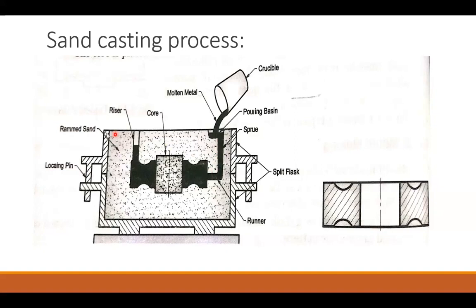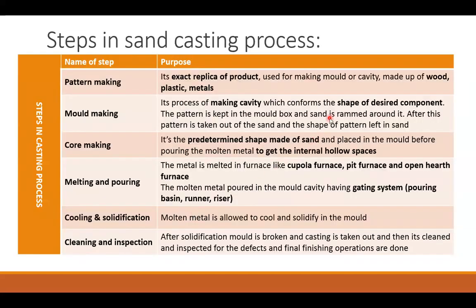So to make this, first of all we need to keep this pattern, which is an exact replica of the finished product, into this box, and around it we have to ram the sand. After this, the pattern is taken out of the sand and the shape of the pattern is left in the sand as a cavity.